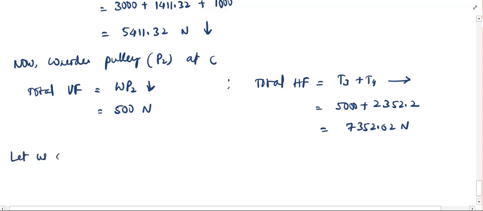Let us draw the vertical bending moment diagram. So consider a VLD, vertical load diagram.